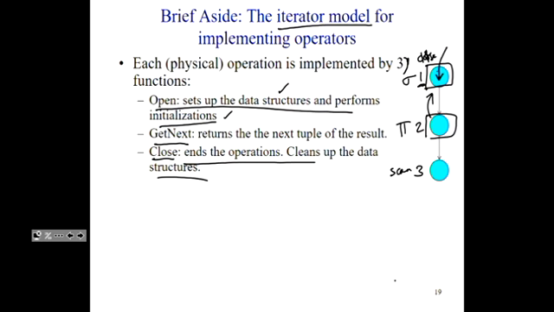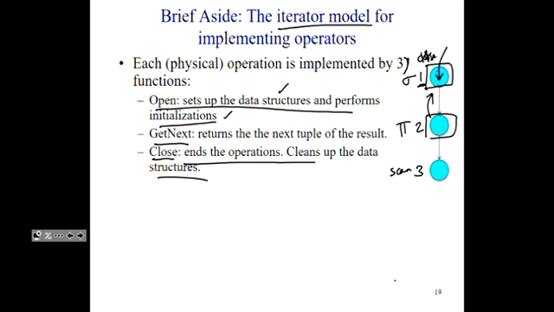The scan is generating tuples, passing them to the operator above. Operator 2 is taking those tuples, stripping away all the fields that are not necessary, passing them to the operator on top, which is the selection. The selection condition is filtering out the tuples that don't match, passing them to the operator above, which might be the output. So that's one way of visualizing and thinking about the implementations.